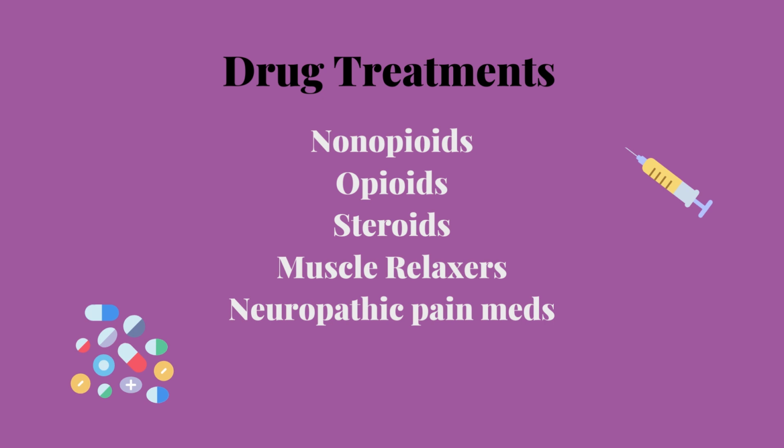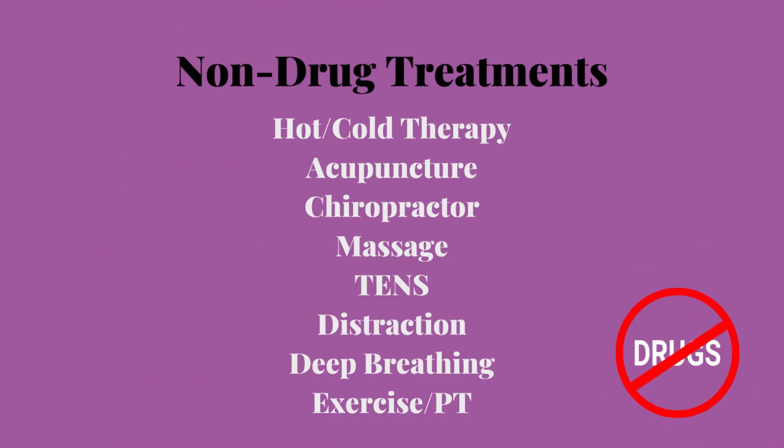Drug treatments for pain include non-opioids like acetaminophen or ibuprofen, opioids like oxycodone, steroids like dexamethasone, muscle relaxers like cyclobenzaprine, also called Flexeril, or neuropathic pain medications like gabapentin. Non-drug treatments for pain include hot and cold therapy, acupuncture, chiropractic adjustments, massage, TENS, which uses a mild electric current to alleviate pain, distraction, deep breathing, and exercise or PT, which is physical therapy.